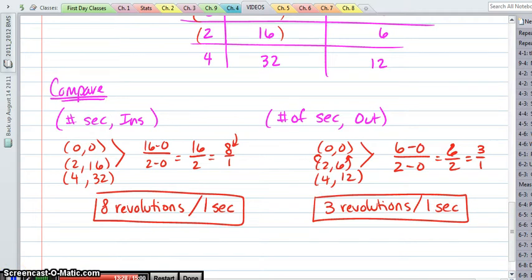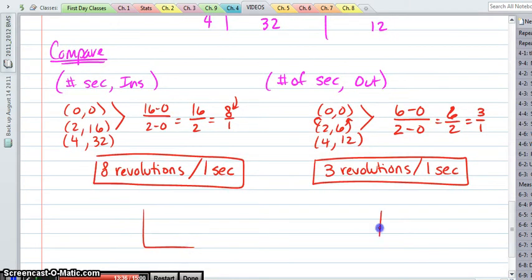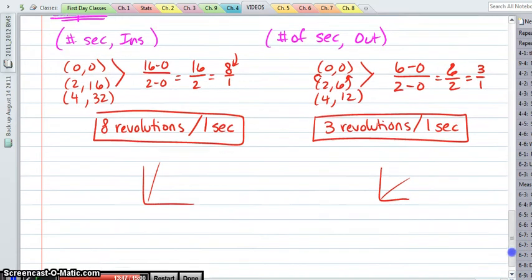And again, this just shows that a CD spins at a faster rate when playing songs on the inside track than when playing songs on the outside tracks. If we were to graph these, we would see that a rate of change 8 revolutions per second would give us a much steeper line than 3 revolutions per second. So that would be a steeper line.